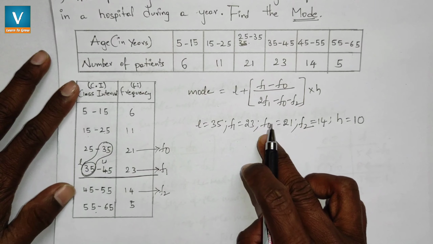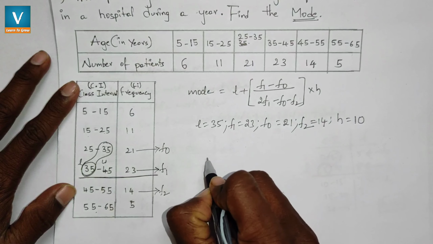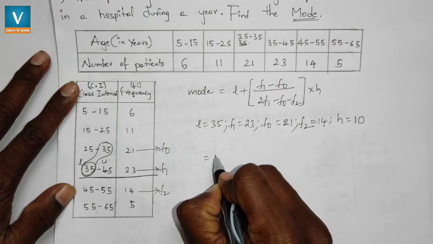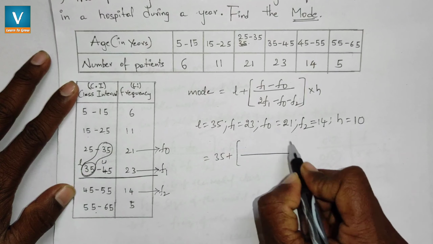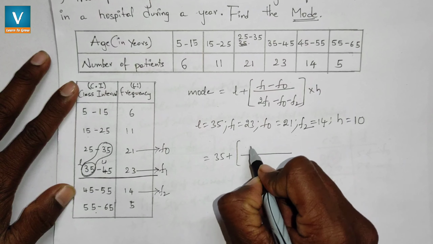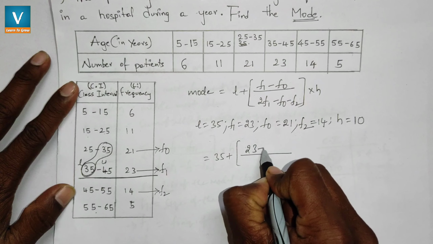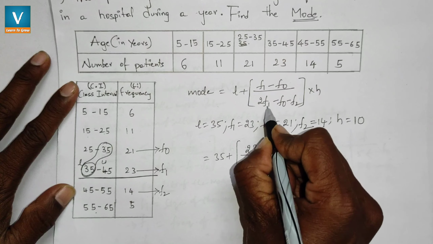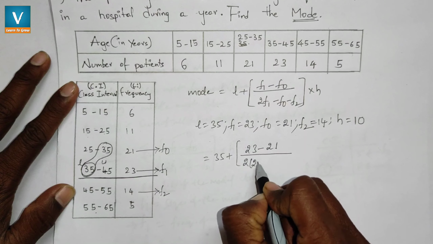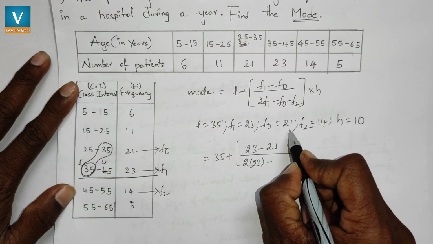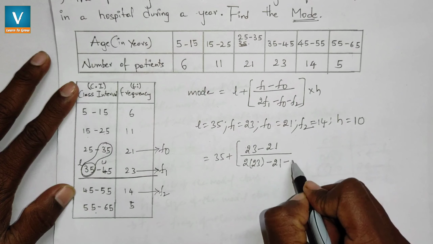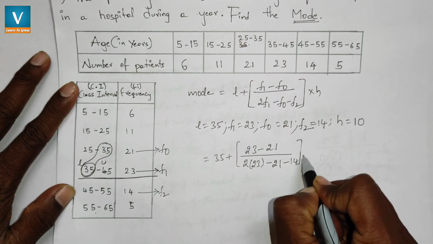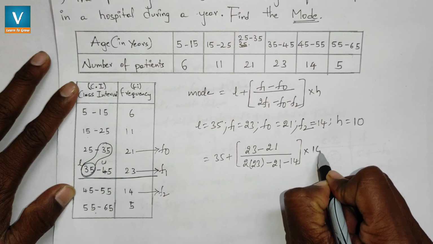I am substituting them in the formula. Then mode equals L, which is 35, plus F1, which is 23, minus F0, which is 21, by 2F1, that is 2 times 23, minus F0 which is 21, minus F2 which is 14, and into H, which is 10.